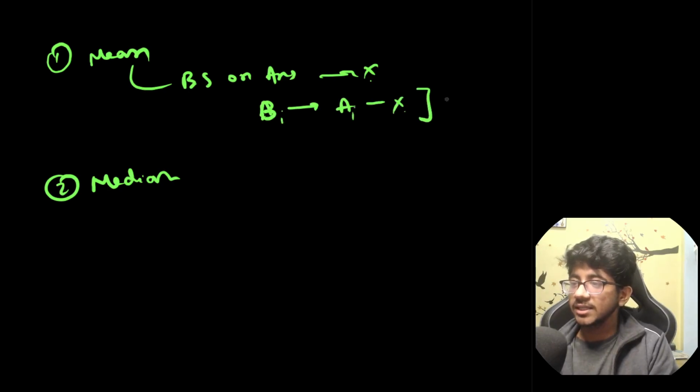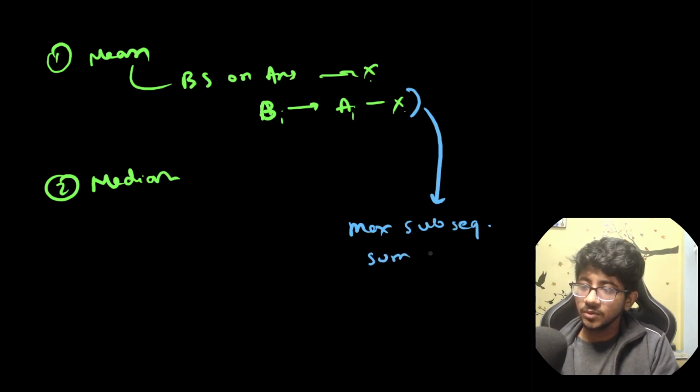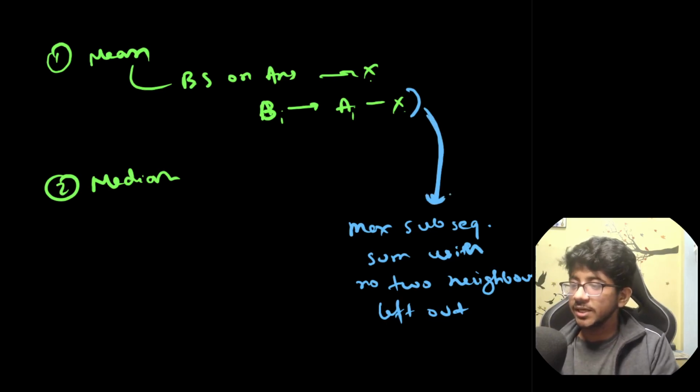And then in this array, whether a particular x is feasible or not is given by a separate problem: the maximum subsequence sum with no two neighboring elements left out. This is what we check for this B array.